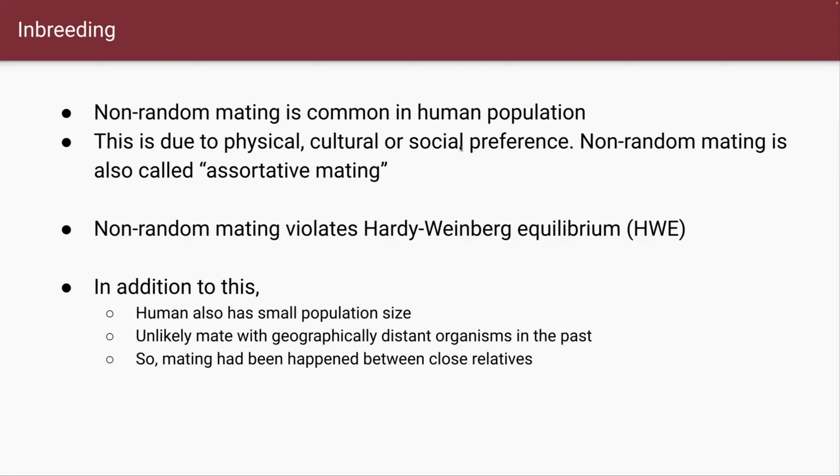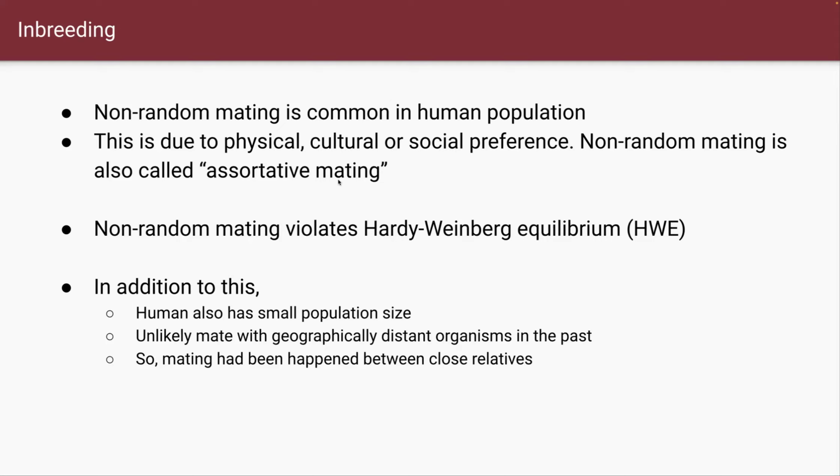So we're not marrying any random person, right? We have specific preferences about whom we want to marry. This situation we collectively call assortative mating, right?